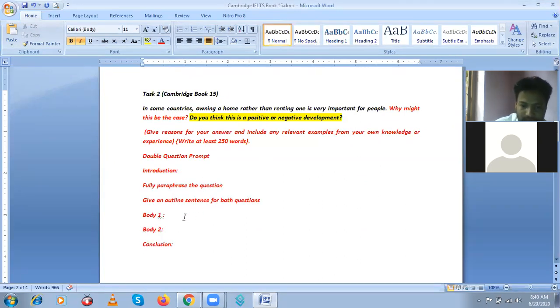Just let me remind you of the structure. In body 1, we make 2 main points, then explain them one by one, give an example, and conclude, or talk about its result.